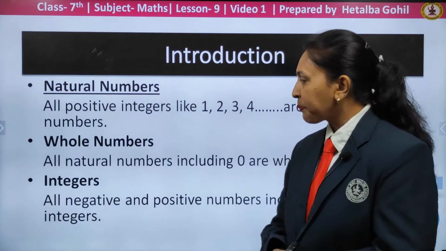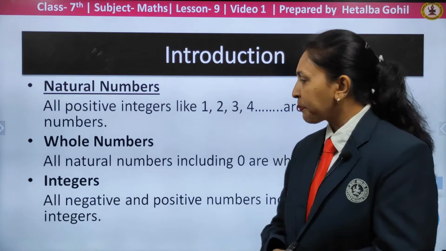Now the rational numbers can be represented on a number line also. We have learnt to represent the natural numbers. You can see the two sides, positive side and the negative side, we have learned the number line. 0 is neither a positive nor a negative number. So natural numbers on the positive side, whole numbers on the positive side, and we have learned integers, that include both sides, the positive and the negative side.